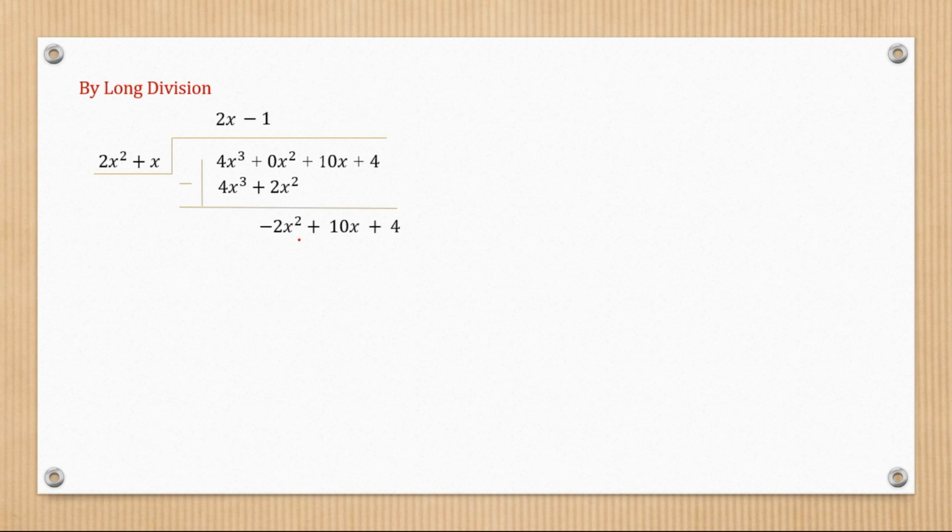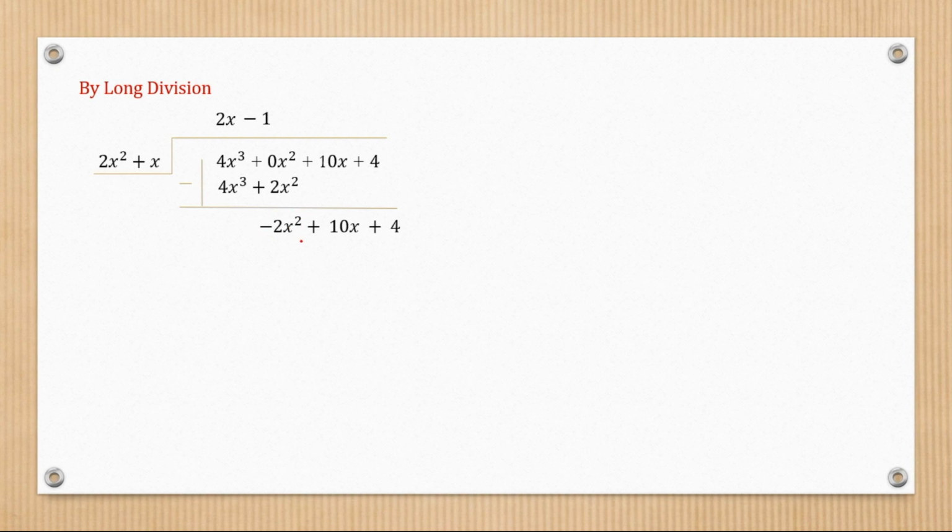So we're going to have negative 2x squared plus 10x plus 4. The reason we keep on dividing is because after we've divided the first time, we compare: is this power now less than this power? As you can see, they're still equal. So that means we actually need to divide again.